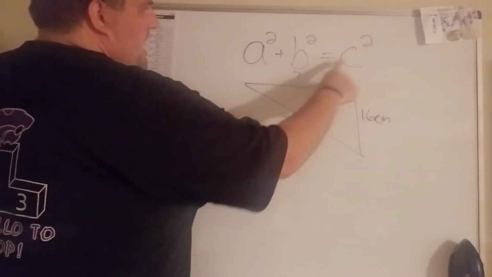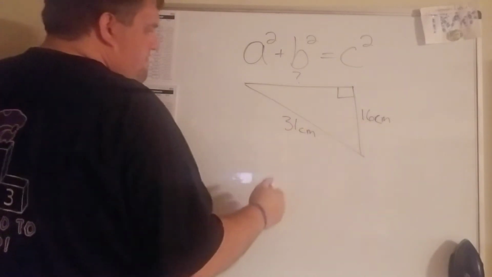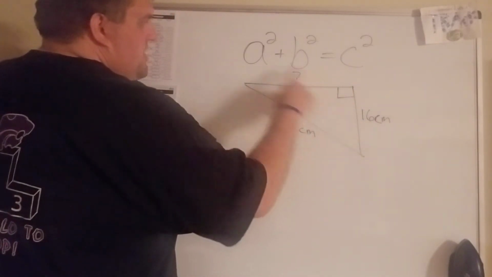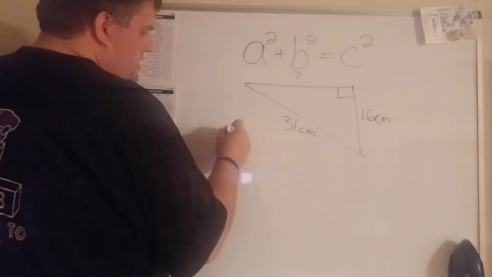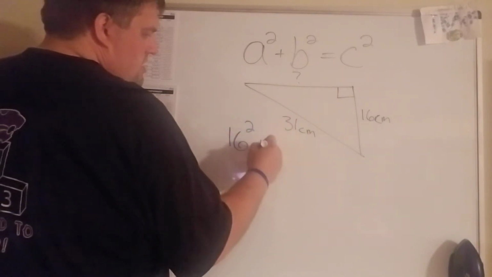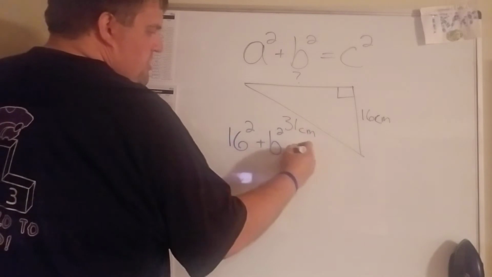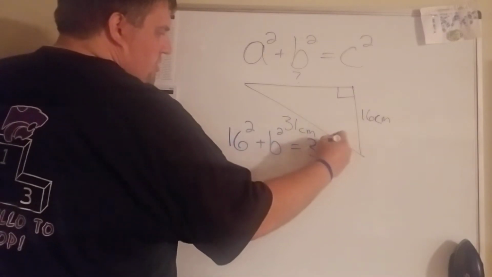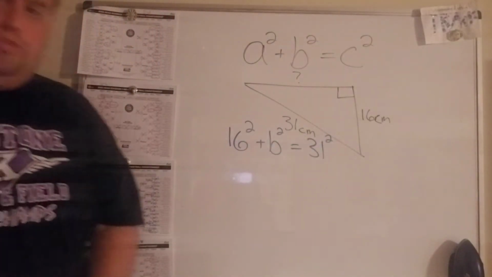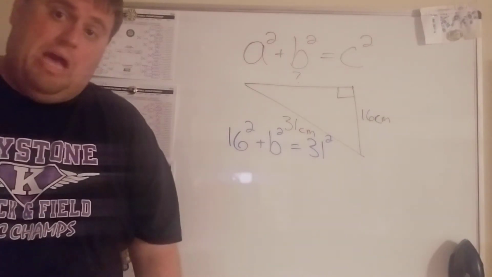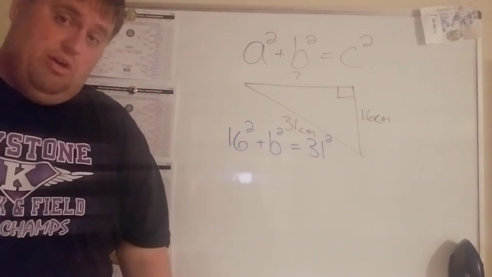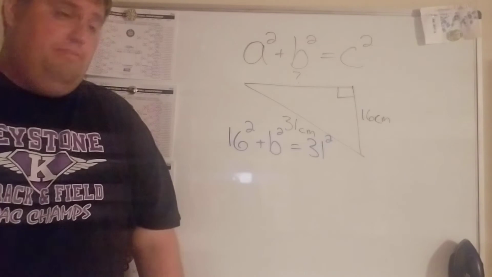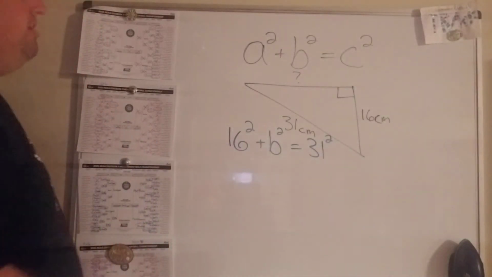So when I'm filling in a squared plus b squared equals c squared, it doesn't matter where 16 goes, if it's a or b, but 31 must go where the c goes, right? Because that's our hypotenuse. It has to go on the side by itself. So our hypotenuse is going to go over here on c.